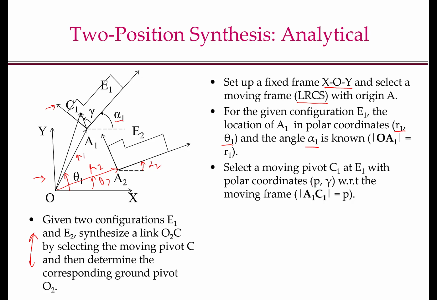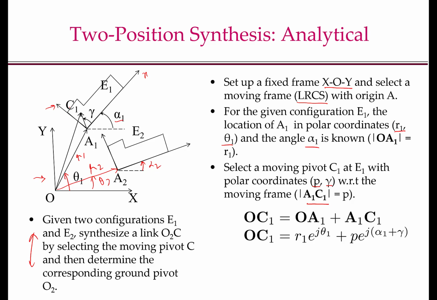We use the polar coordinates p and gamma, where p is the length of the vector A1C1 and gamma is the angle the vector A1C1 makes with the x-axis of the locally rotating coordinate system. And these two parameters define the point C. We know that OC1 equals OA1 plus A1C1, and OA1 is R1 e to the power of j theta 1 because the length of OA1 is R1 and the angle OA1 makes with the x-axis is theta 1.